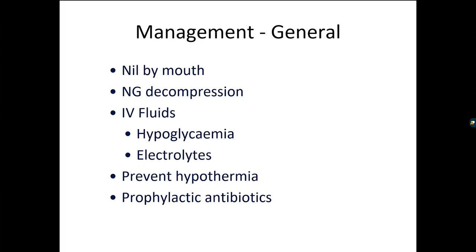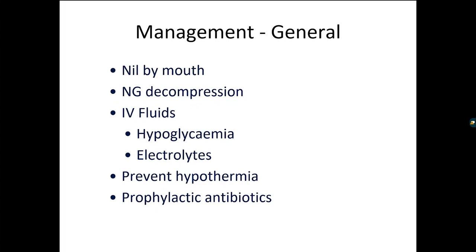So it does not serve the purpose, because if the transfer takes a few hours, by the time the patient reaches the pediatric surgical center, the stomach could be filled with bilious aspirates, bilious secretions, and there is a very high potential that the baby might aspirate, leading to aspiration pneumonia and even death. Therefore, it's very important to put an NG tube and decompress and make sure that the NG tube is persistently draining. Intravenous fluids are very important.